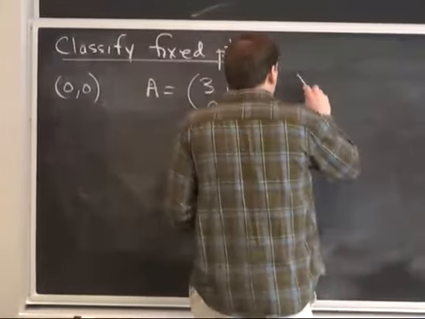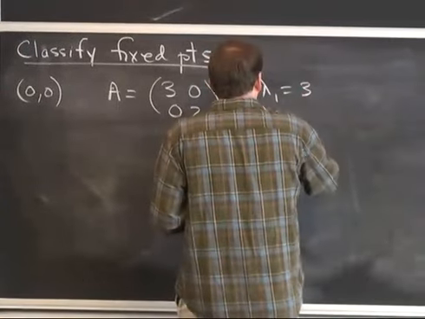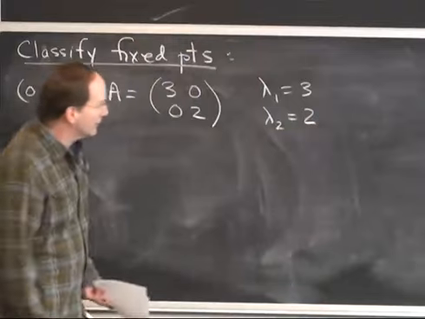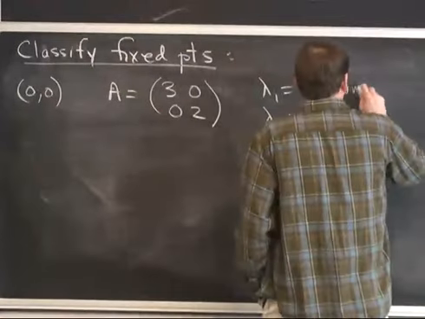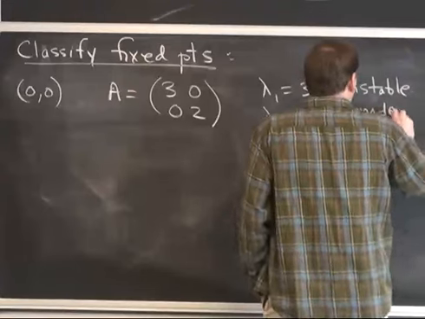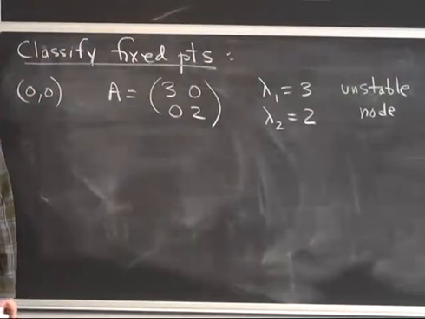So we have a lambda 1 of 3 and a lambda 2 of 2. And since they're both positive, that tells us we have an unstable node. Then we remember that unstable nodes are not borderline cases. So that's for real. That really is going to be an unstable node at the origin.